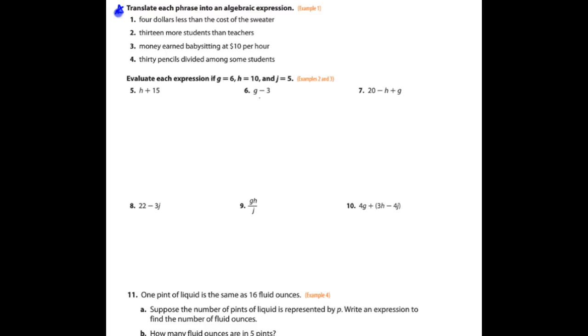This particular question says $4 less than, so it's a good idea to underline or circle the math words. It's less than, so something is being subtracted. Less than the cost of the sweater. Here's how you would define the variable. You would say S equals sweater cost.